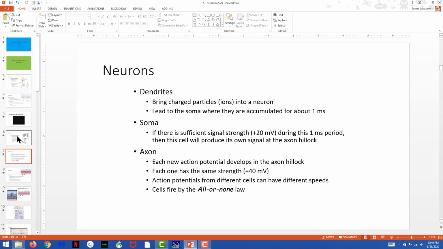Once your axon sends a signal, that action potential that travels through the axon is always going to be a positive 40 millivolt signal. Now that's as close to a constant as you're going to wind up finding in biology. I'm certain there are slight variations on it, but it's just said to be always a positive 40 millivolt signal, and that's just the way that we're going to take it.